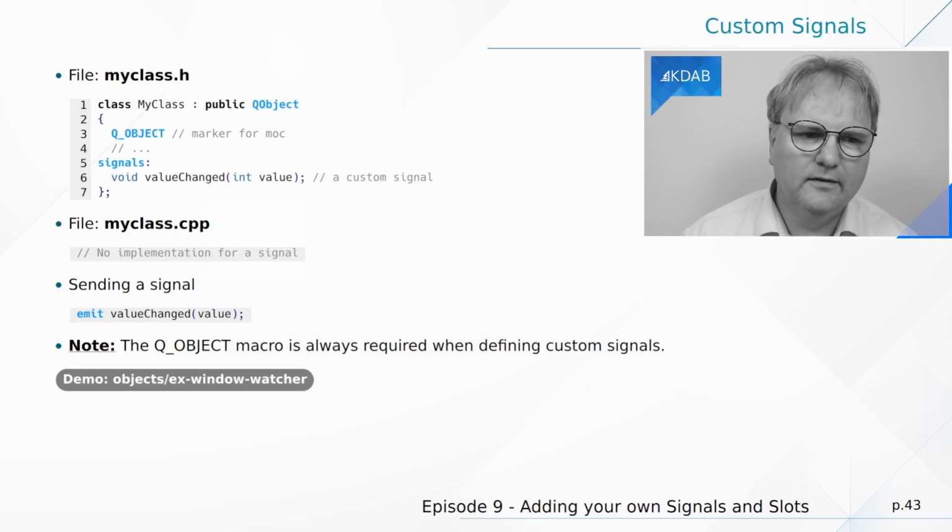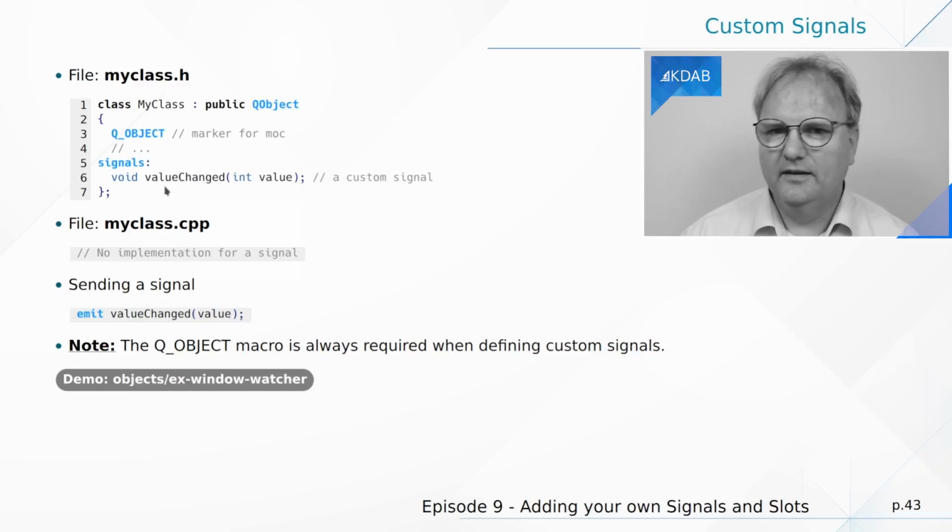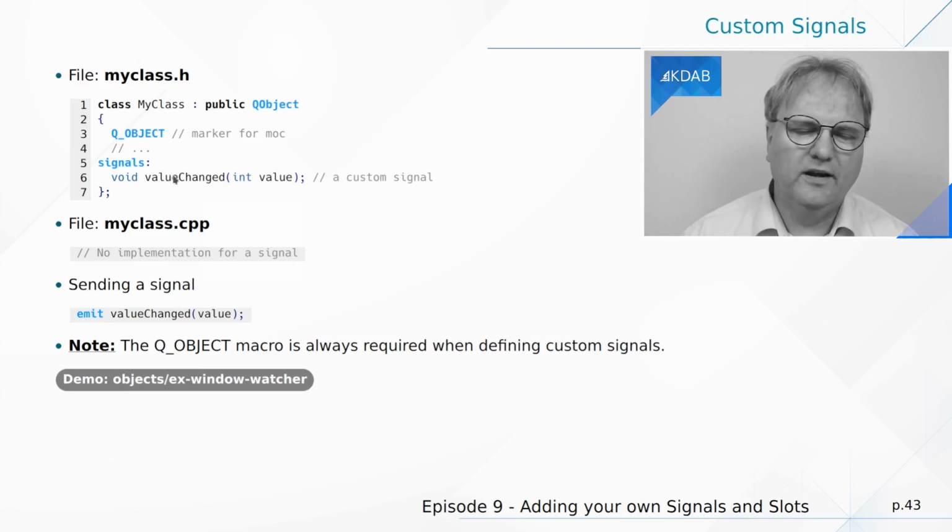So let's see how you add signals to your own classes. Again, remember public slots and so on. I told you slots is not needed most of the time, but signals, that's a new section in your class. And you add that signals section, and in there you have all your signals. Here's a signal called value changed.